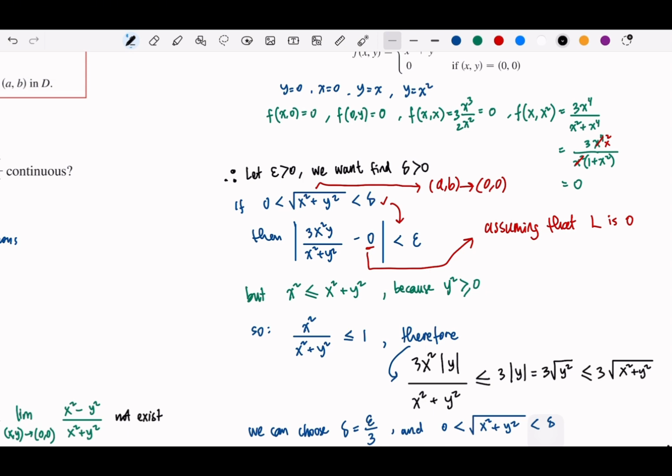This is something that we want to approach, and we get it from this inequality: we know that the expression should be less than this, which means y squared is also less than or equal to x squared plus y squared. Actually, it's enough up to here, but we want to make sure that we get our delta expression, which is this one. That's why I'm making another inequality. For sure, if we have this, then we can match up with the absolute.